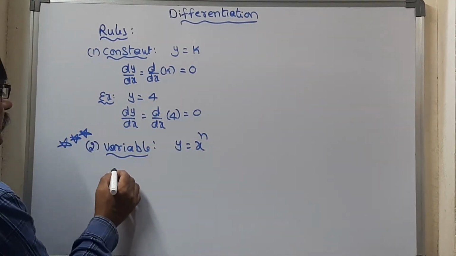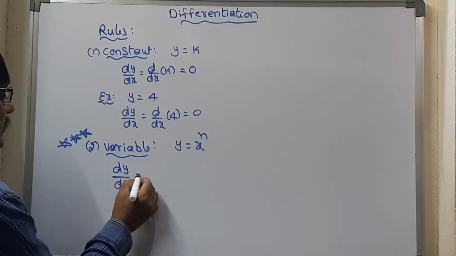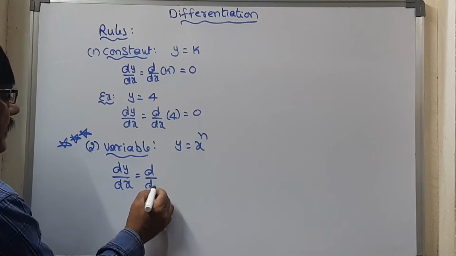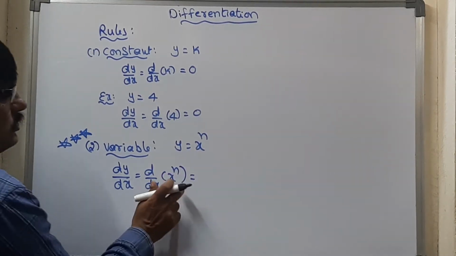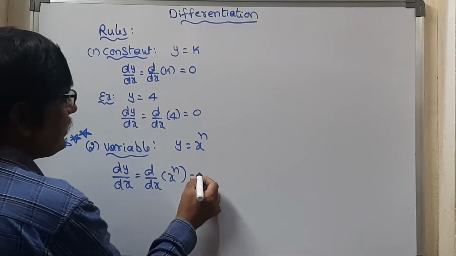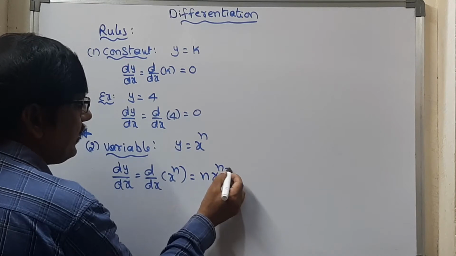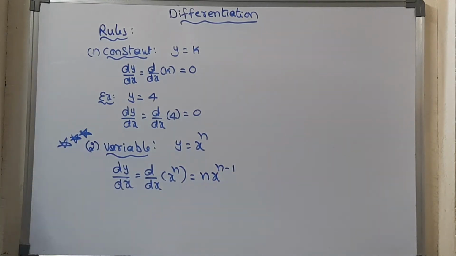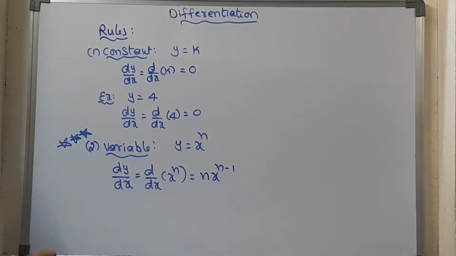We can write dy by dx is equal to d by dx of x power n. Okay, that is equal to, this is the most important one, the power that is there becomes n into x power n minus 1. This is the most popular and most important. D by dx of x power n is equal to n into x power n minus 1.